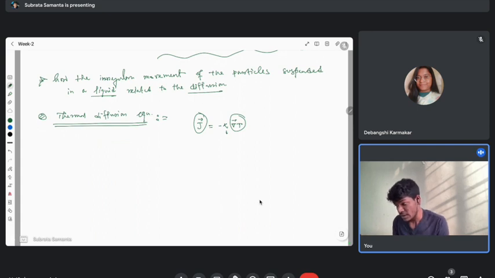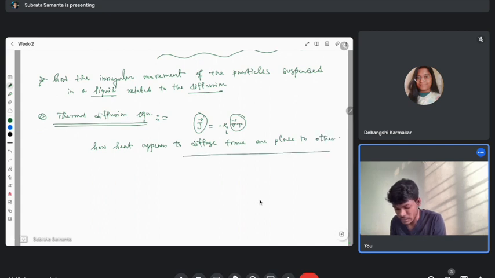But here I would like to ask the question: how does heat appear to diffuse from one place to another? The question is clear.